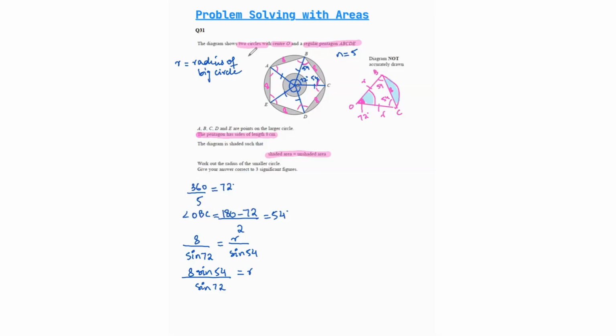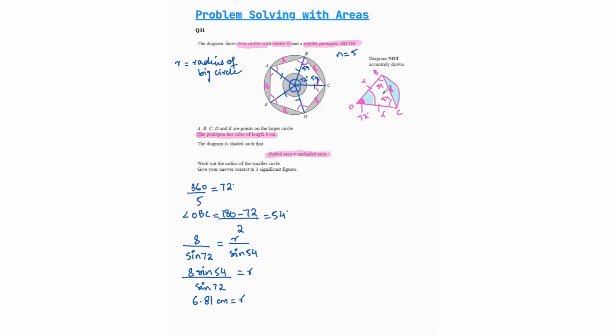So 8 sine 54 divided by sine 72, that's 6.81 centimeters. Okay, we have the radius now. We need to find the radius of the small circle.